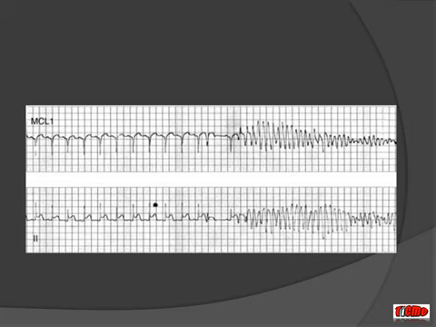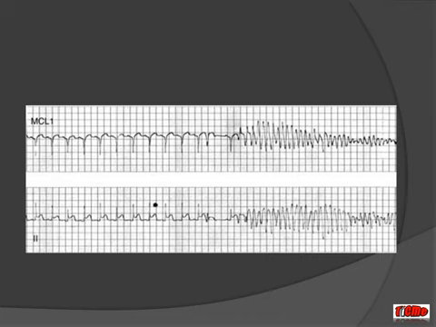If we have a look at this rhythm here, we have got someone who is banging along in sinus rhythm before suddenly entering a rapid, broad, irregular and polymorphic rhythm. Question is, is this torsade de pointes or is this polymorphic VT?